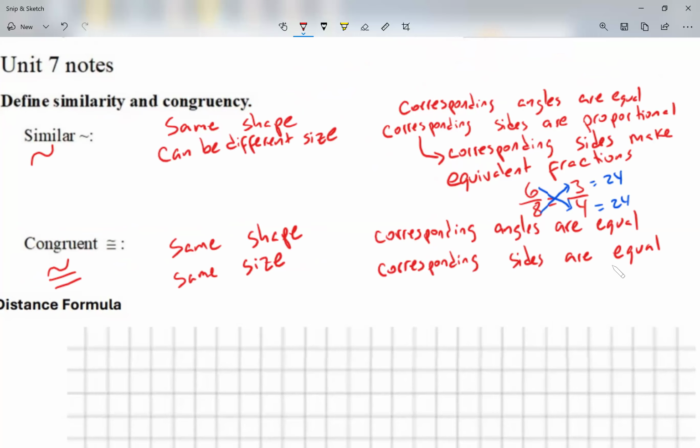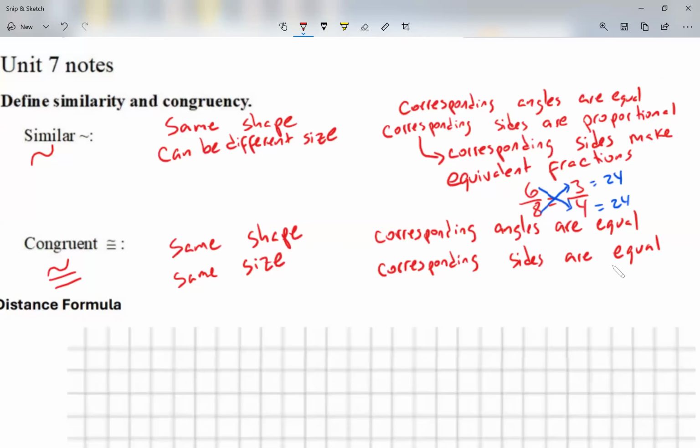Everything is equal: same shape, same size, the angles, the sides, everything. Remember last semester we talked about congruent triangles. Now similar is the same shape, so the corresponding angles are equal, but they can be different sizes. And for us to check that, sides have to be proportional.